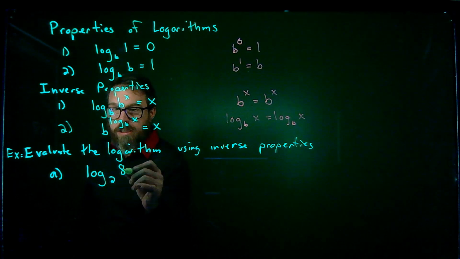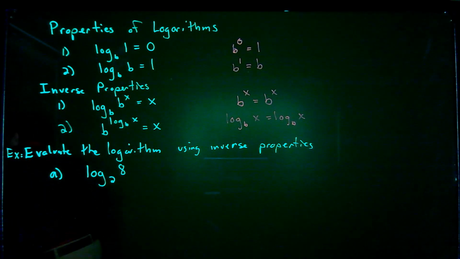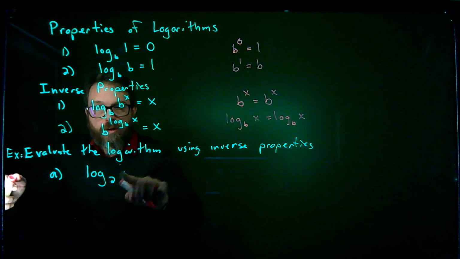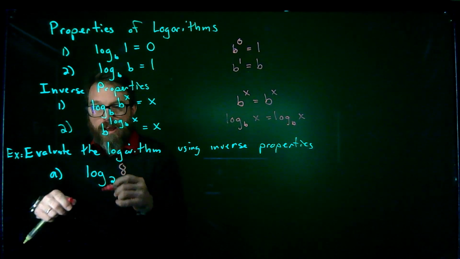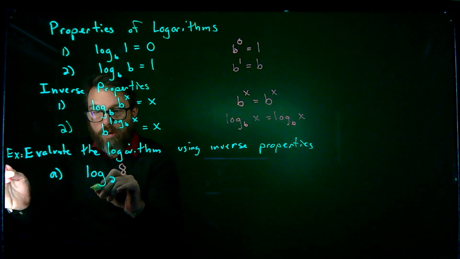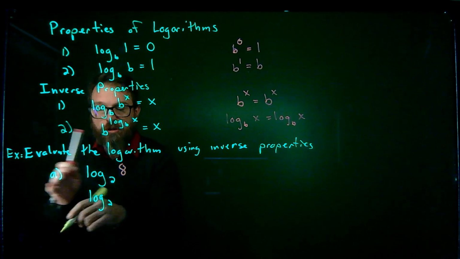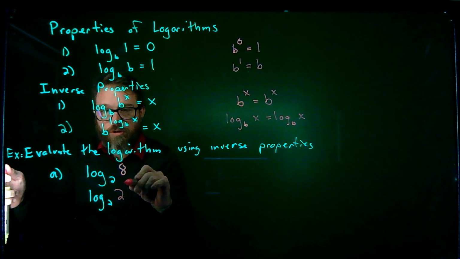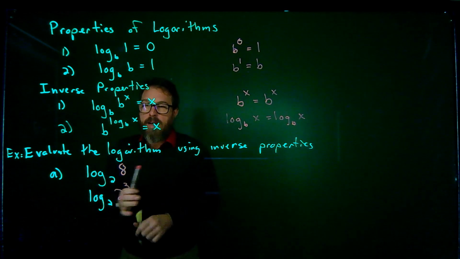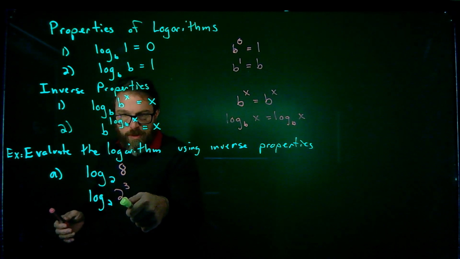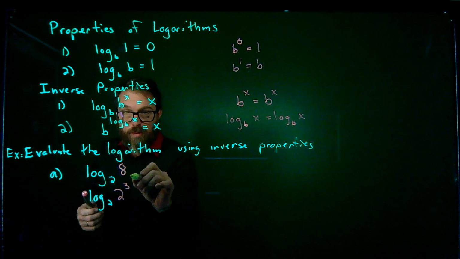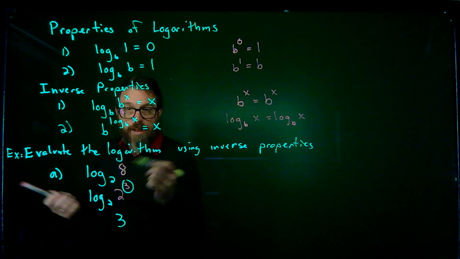What I mean by this is this 8 right here, I can rewrite as 2 cubed. So this is going to be the log base 2 of 2 cubed. Now the log base 2 and the exponential base 2 are going to cancel, so we're just going to be left with that 3.